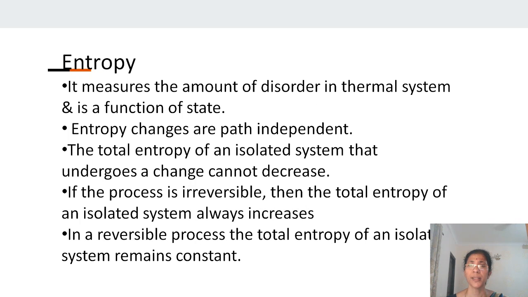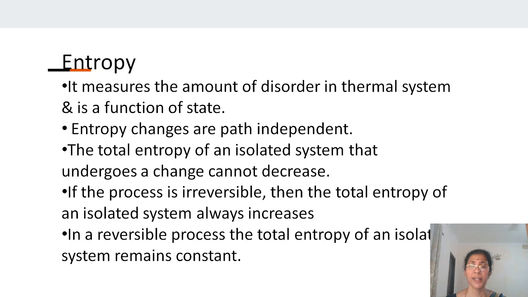Entropy is a state function, and it measures the amount of disorderedness of the system, and entropy changes are always path independent. The total entropy of an isolated system that undergoes a change cannot decrease.